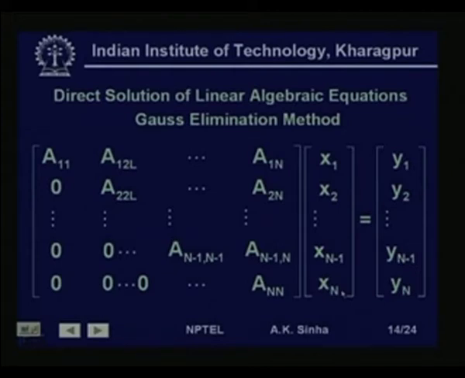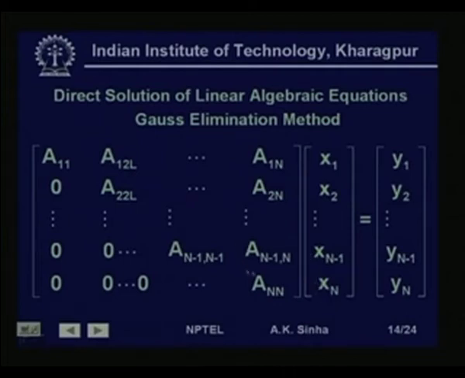Now, if we can do this kind of a thing, then finding the solution for this set of equations is very easy, because we know this y_n. If we want to find x_n, then from the last equation, a_nn into x_n is equal to y_n. So, x_n is equal to y_n by a_nn, and once we know this value of x_n, we can substitute it into the previous equation, a_(n-1)(n-1) into x_(n-1) plus a_(n-1)n into x_n is equal to y_(n-1).